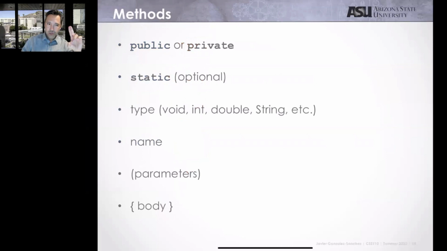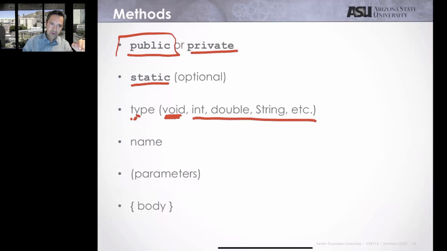So you remember, so far, methods: public. I still need to tell you what is the meaning of private, but you can imagine. Static. Now static is optional. You can put static or not. Then a type. We have been using void. Starting today, I am telling you, you can put not only void, but any other type.